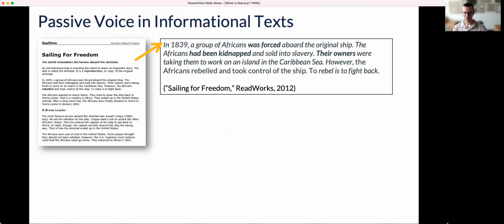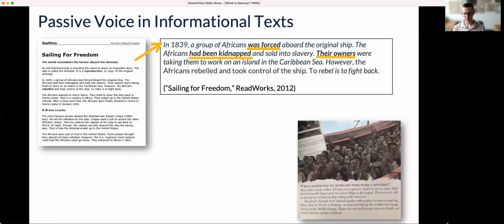There's a sentence I just picked out, they say things like a group of Africans was forced aboard the original ship. The Africans had been kidnapped and their owners were taking them to work. So there's no information here about who's actually doing the forcing, the kidnapping, and the owning, yet they're using the term Africans multiple times.